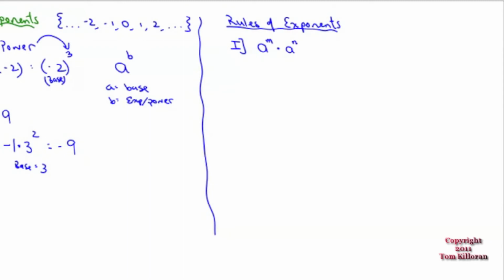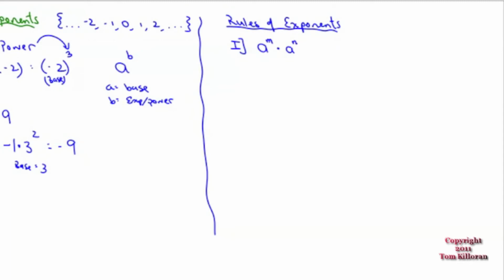Over here, when I wrote negative 2 to the third power, I read it as 3 factors of negative 2, because that's what it is. So this would read m factors of a, and this would read n factors of a. So you have m factors of a over here and n factors of a over there, and you're putting them together. So how many factors of a are you going to have?